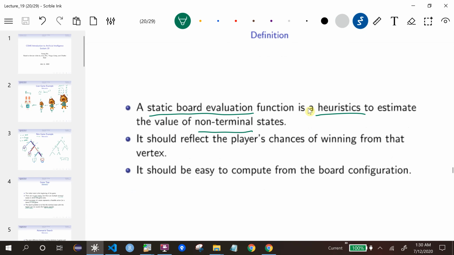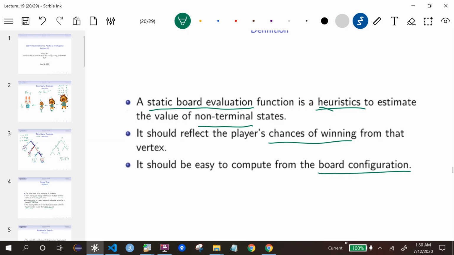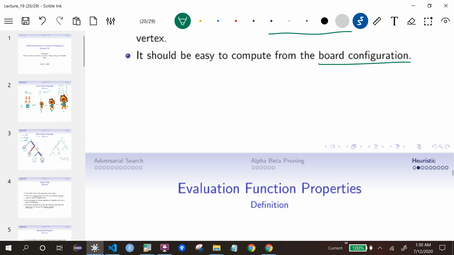So if we're talking about 1, 0, minus 1 as the values, then it just reflects the probability of winning. That would be one way to specify the heuristics. And it should, of course, be easy to compute given the state. A state is basically a board configuration for a board game.